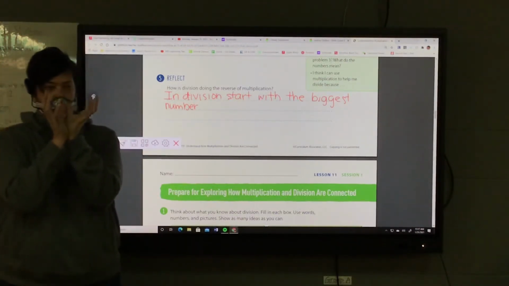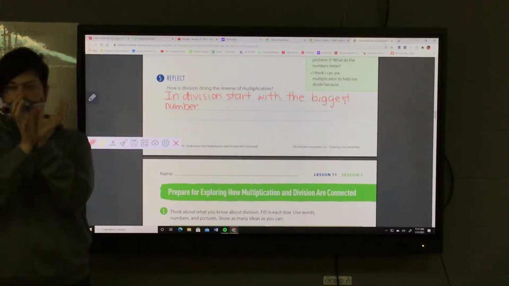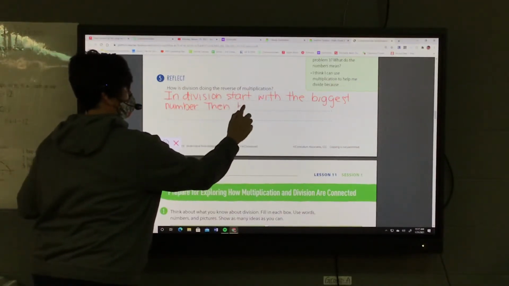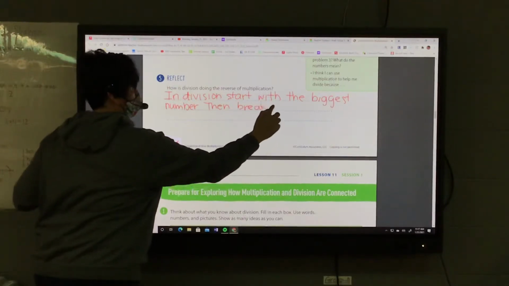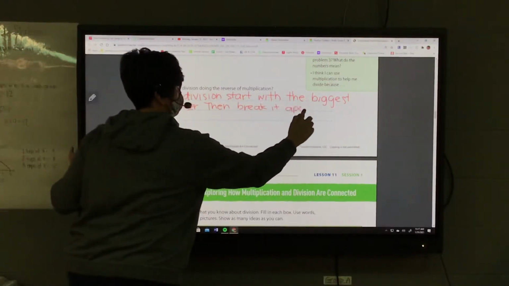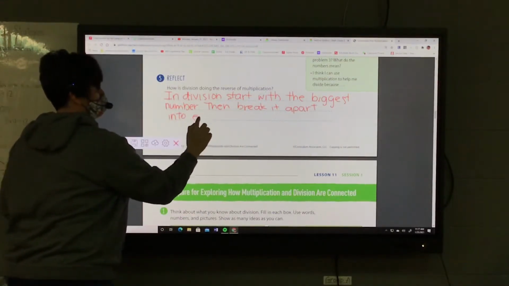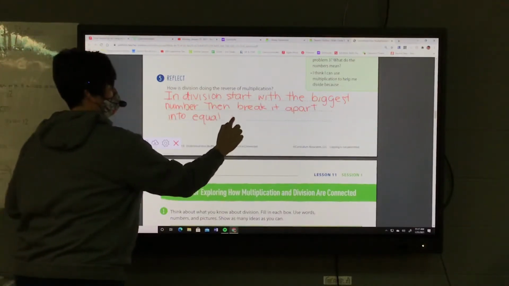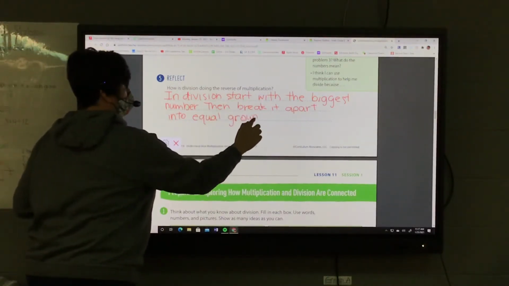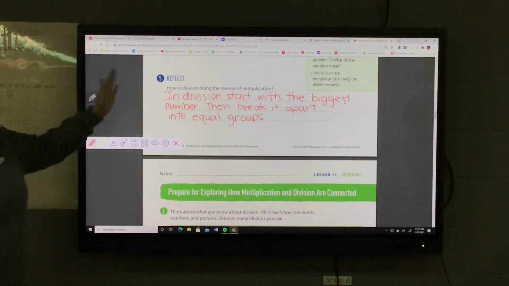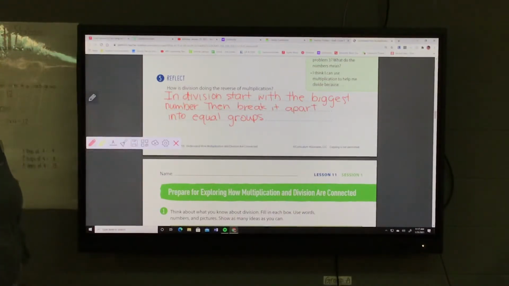Break it apart. Into equal groups. I was just trying to take out some of the words to make it go a little quicker. In division, start with the biggest number, then break it apart into equal groups.